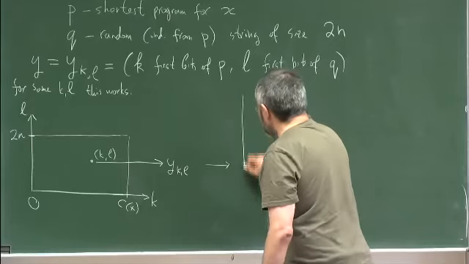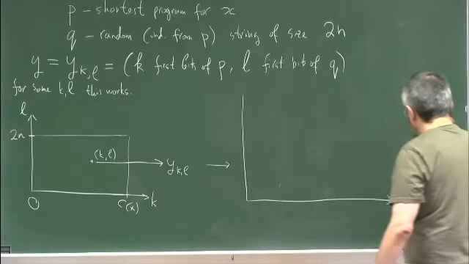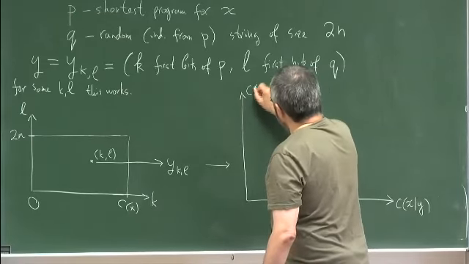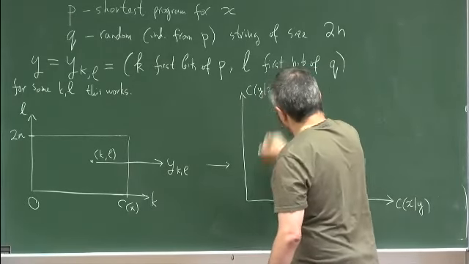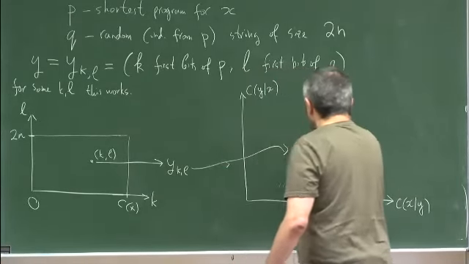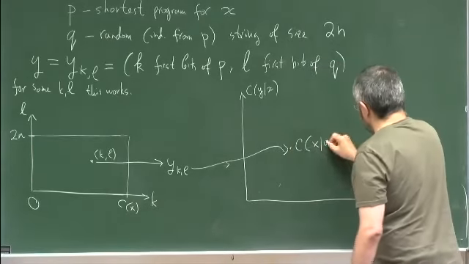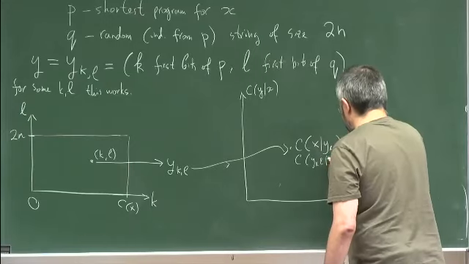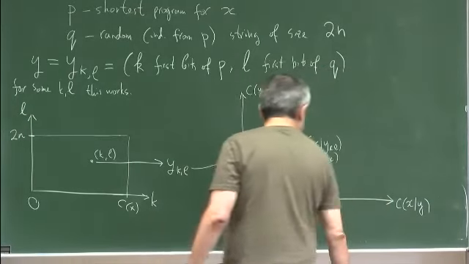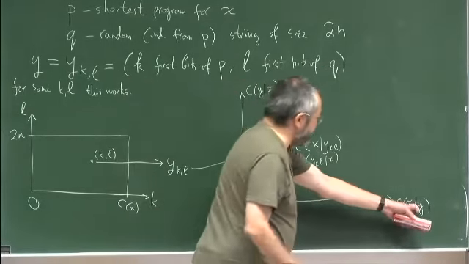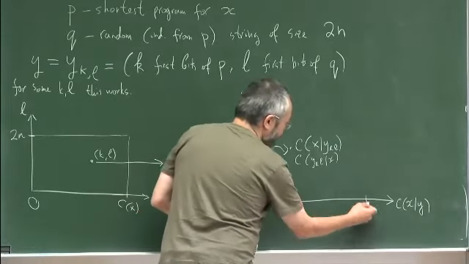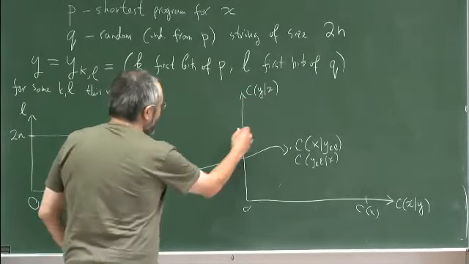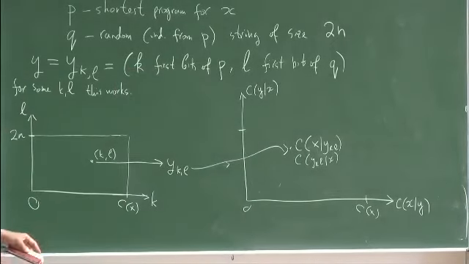For this, we consider another plane, with the complexity of x given y and the complexity of y given x. So we have some point here, which is the complexity of x given Y_KL and the complexity of Y_KL given x. Again, the complexity of x given y can be between 0 and the complexity of x, and the complexity of y given x is somewhere between 0 and the complexity of y.